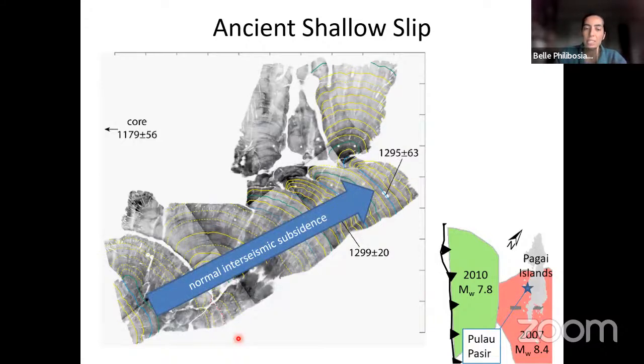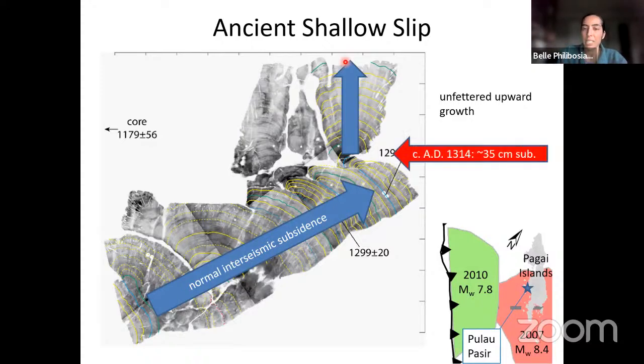During the initial part of its life, it was subsiding, or kind of what we normally expect during the interseismic period. But then at some point, it just started growing upward without interacting with the sea level anymore. And what that is suggesting is that in around the year 1314, it subsided suddenly by about 35 centimeters.